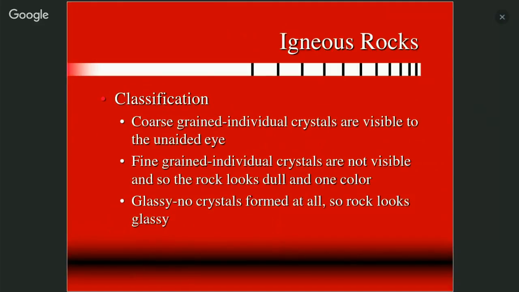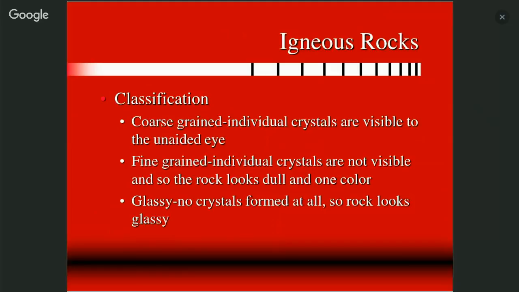Going back now, there are 3 different classifications besides the extrusive and intrusive rocks that we can classify igneous rocks as. The first being coarse-grained, so you can see the individual crystals. Those are going to be those intrusive igneous rocks. But then we've also got fine-grained igneous rocks, which have the individual crystals, but they're just not visible to the unaided eye.